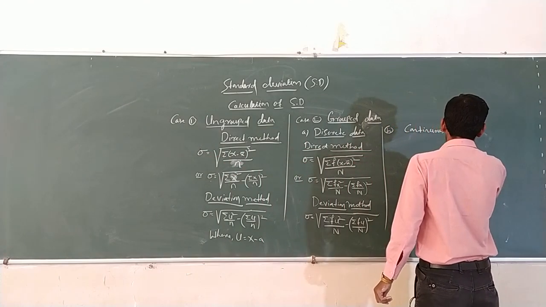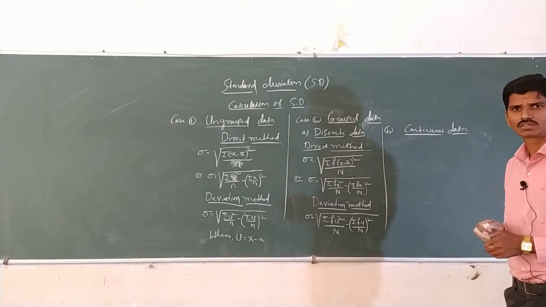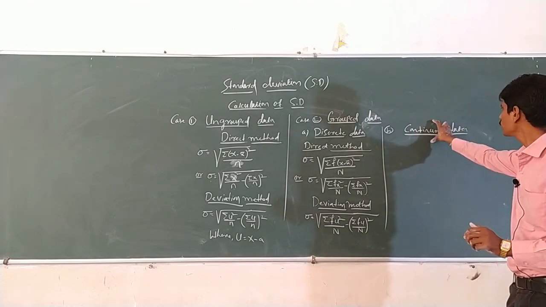The next one, that is B, continuous data. Here the class intervals with respect to frequencies are given. If the class intervals are given, then you have to use continuous data.